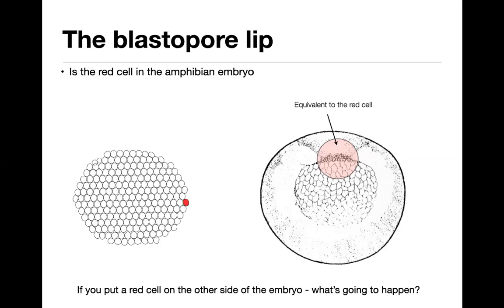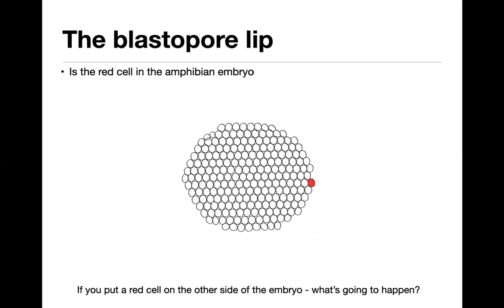What she decided to do, without really telling Spemann as well, was to bring this red cell and put it on the opposite side of the embryo. So now she wanted to generate an embryo that had 2 red cells. She thought that this red cell was emitting a signal which told the embryo that it was going to become dorsal.